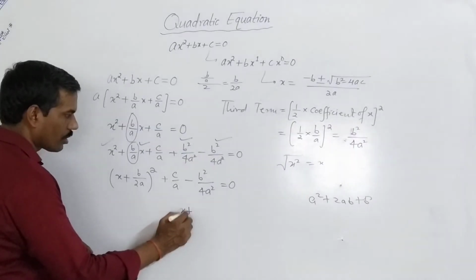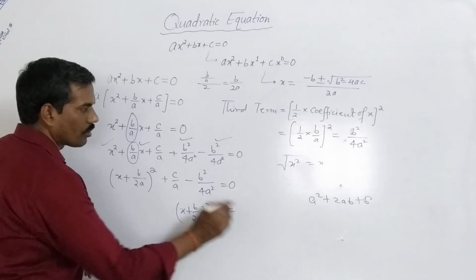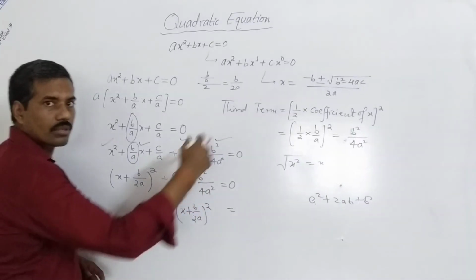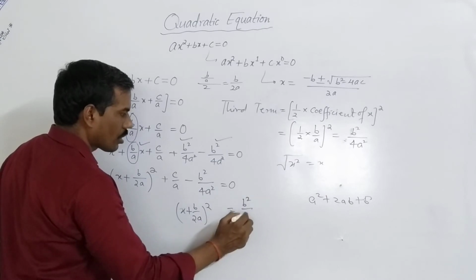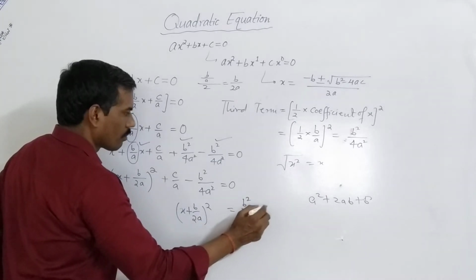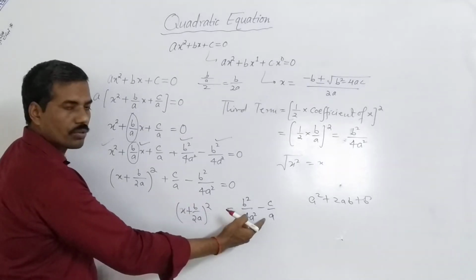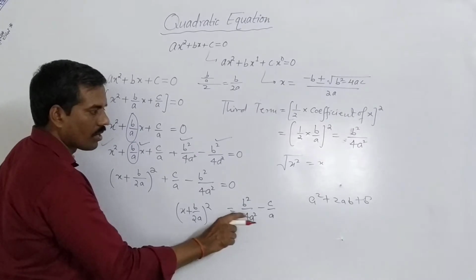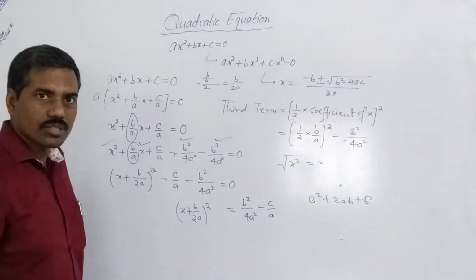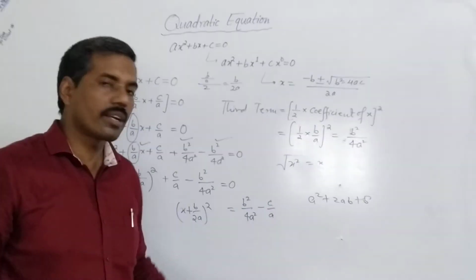Now x plus b upon 2a to the whole square is equal to, this is negative, goes to the right side, becomes positive, b square upon 4a square minus c upon a. c upon a is positive, goes to the right hand side and becomes negative. Since there are two fractions, we have to subtract them, but the denominators are different.